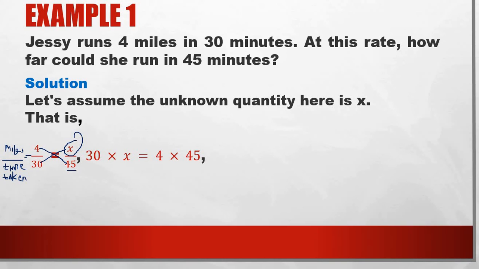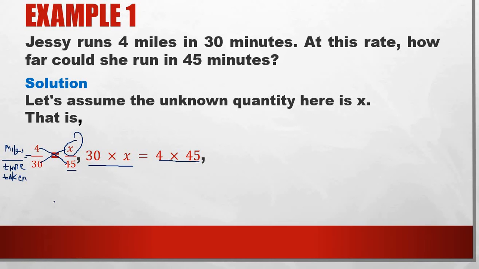Sometimes you will not get a straightforward answer by thinking of what to multiply this by, like we did previously. It may take you time. So the best thing to do is just to cross multiply. So I cross multiply 30 by x, which is what I have here, and 4 by 45, which is what I have here.